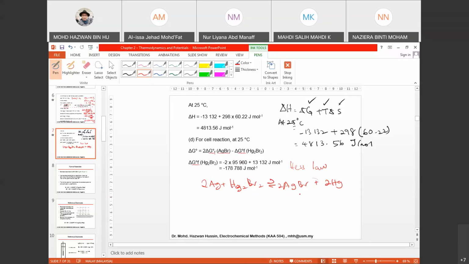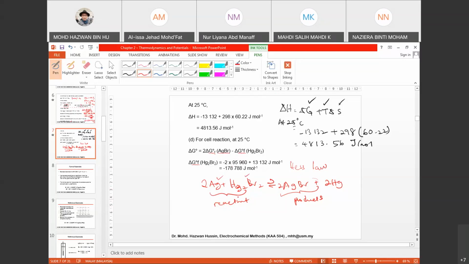Over here you will see that this is actually the product and this is actually the reactant. So for the formation, normally we will look at the reactant. What will be the reactant that we use?